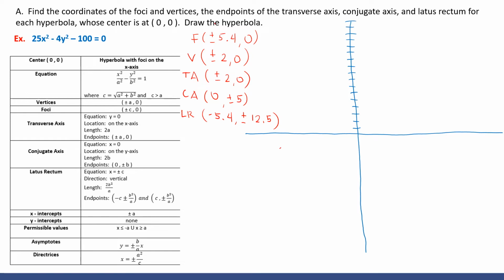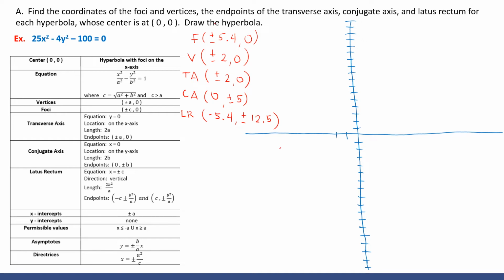Bakit parang ang dami? Kasi we have this 12.5. And then baba tayo. 1, 2, 3, 4, 5, 6, 7, 8, 9, 10, 11, 12, 13, 14, 15. So 16 and then 17. Tapos sa x-coordinates, ang pinakamataas is 5.4. Pwede na konti lang.